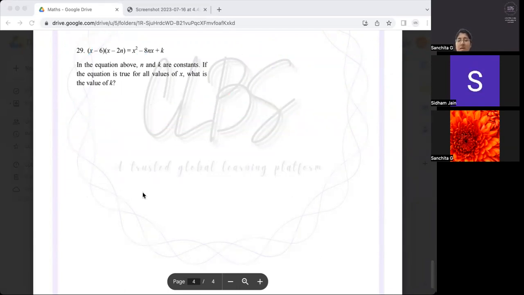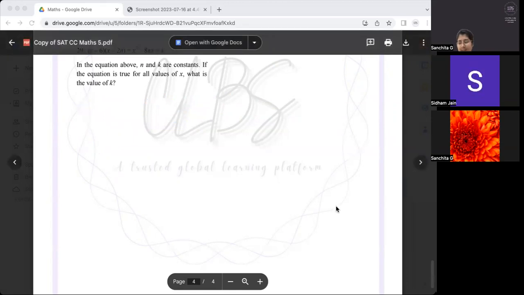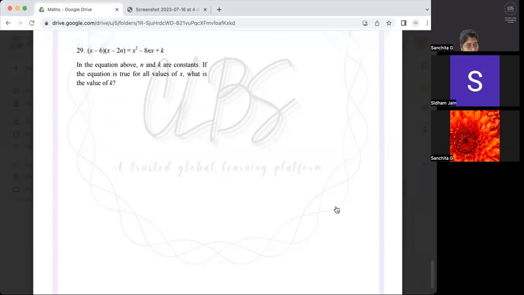It becomes very easy. You can also use a plug-in strategy here. Many students actually use this. You can actually take numbers.